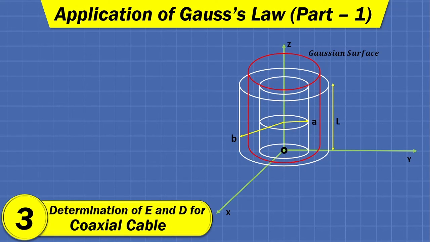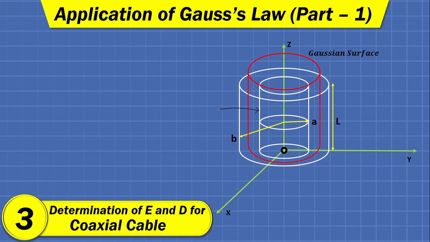So first, from the symmetricity of charges, it is very obvious that the Gaussian surface will be of cylindrical shape. Also the coordinate system that we are going to use to solve this case will be the cylindrical coordinate system itself. Okay. So now assume that the inner conductor is having a density of rho s.